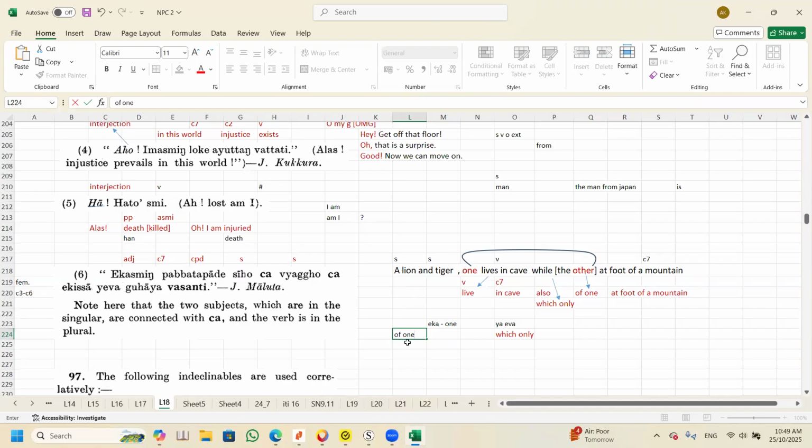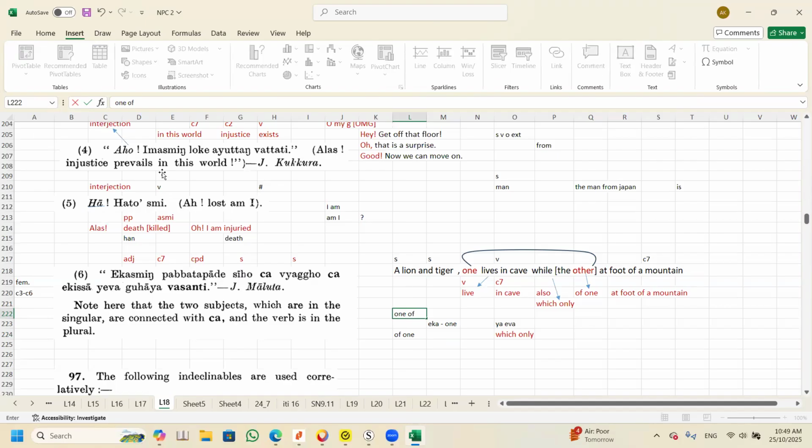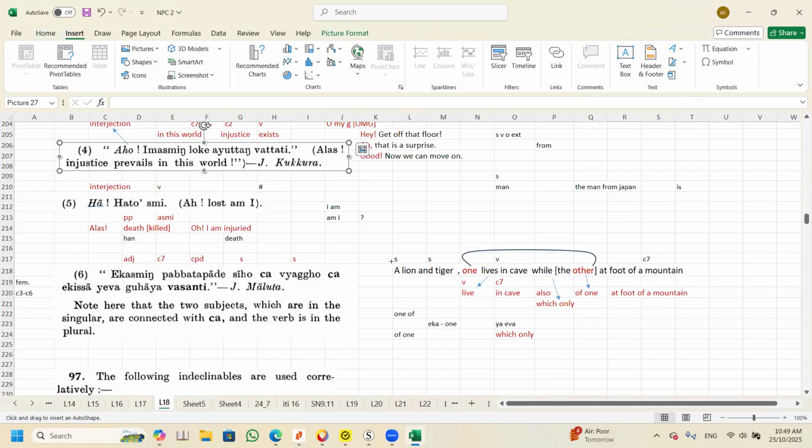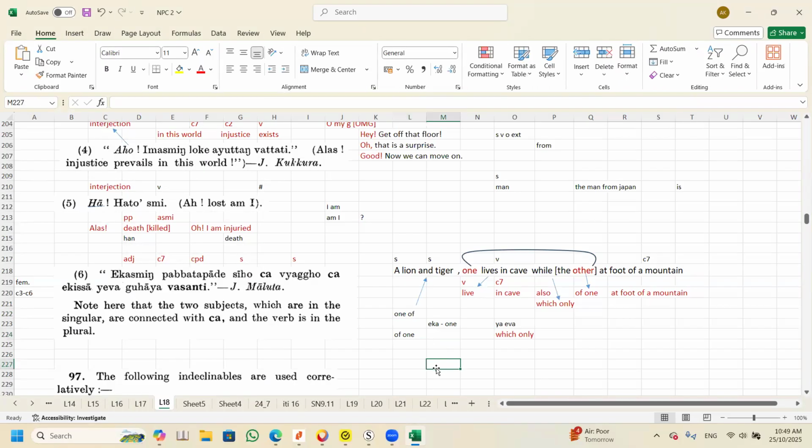So I reverse the thing out. One of the above. So this is how you look at it. One of the above.